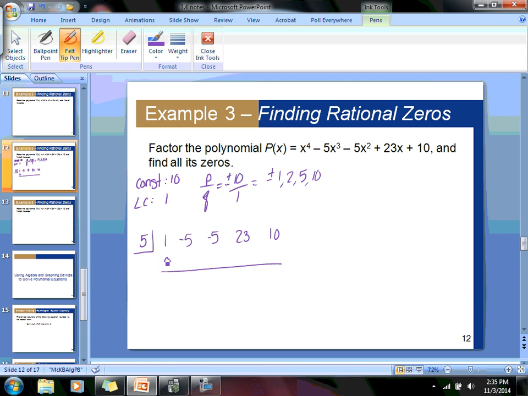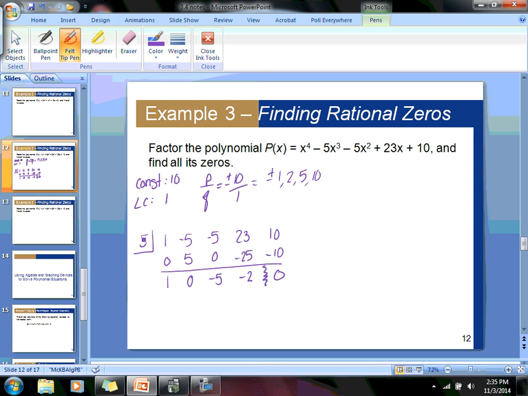And then I put a 0 there for the placeholder, and then I add down the column, and then I multiply by what's in the box. Okay, so that's going to be a 0. That's a 0. That'll be a negative 5. So that's a negative 25. So that's a negative 2 times 5, which is going to be negative 10. And there, my last term is my remainder. I got a remainder of 0, which is good.